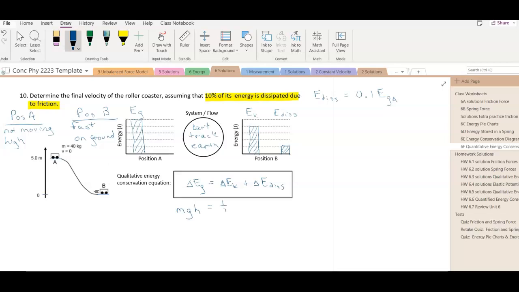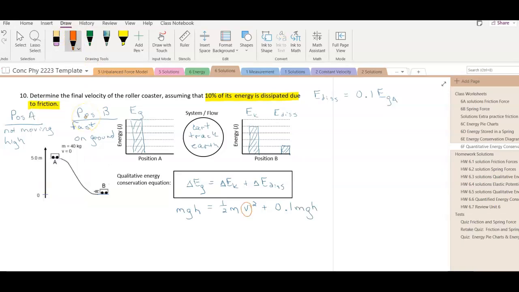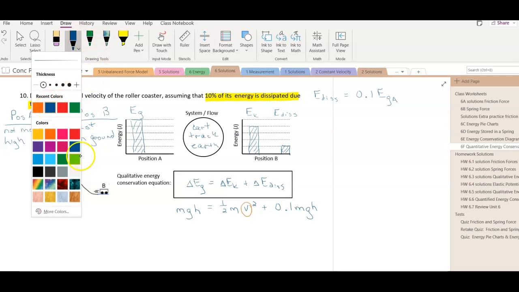Kinetic energy is 1/2 of the mass times the velocity squared, and E-dis I'm going to just calculate as 0.1 of that original gravitational potential energy, which is mgh, right? So the thing I'm going to solve for is this velocity. That's what it wants me to find.